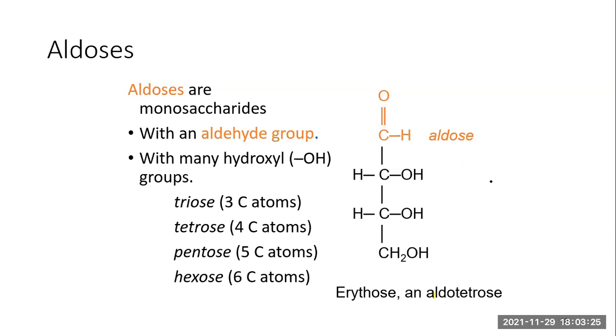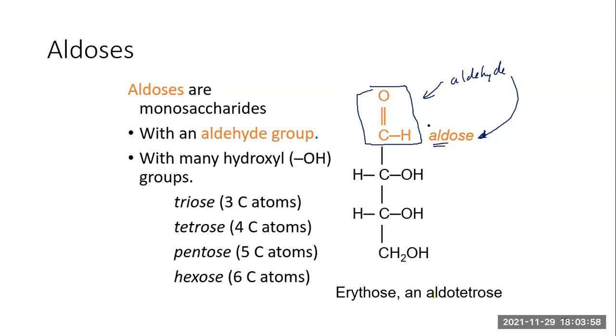I'm getting old. All right, let's try that. There's our aldehyde group right there, and we call these an aldose. A good way to remember that is like aldehyde. This is an aldose in terms of our carbohydrate, basically because it does have an aldehyde group there on top. That is why it's referred to as an aldose.